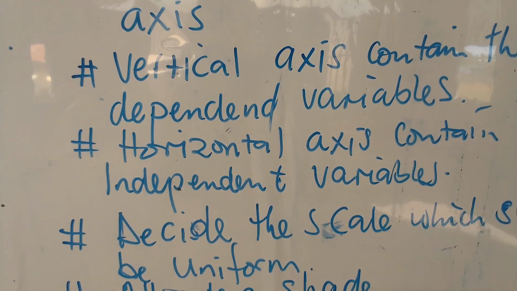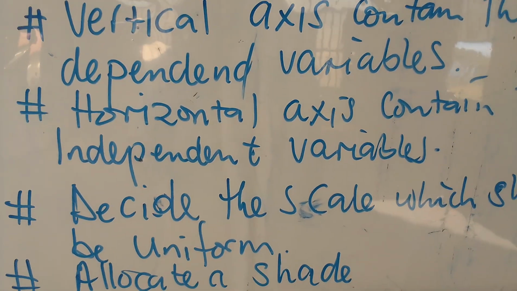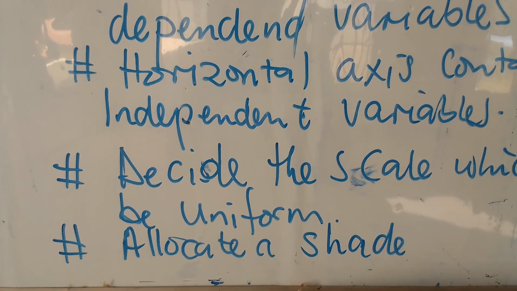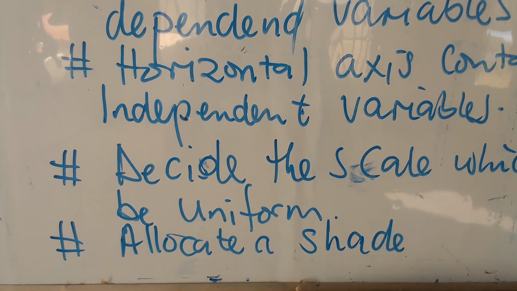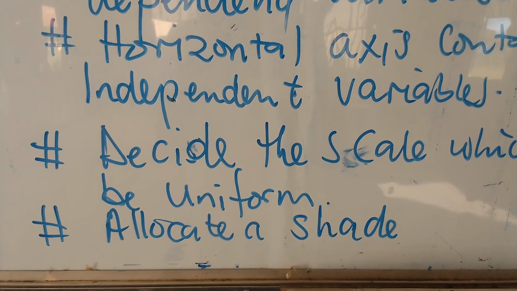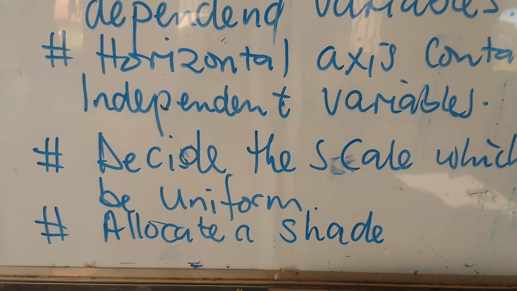Then, when you are drawing your diagram, you should also decide the scale, and the scale should always be uniform. After having drawn the bar graph, you also allocate a shade that you are supposed to use.